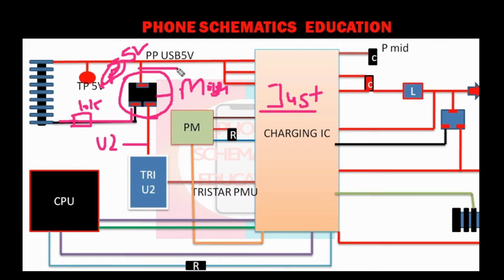Now 5 volt you will see on this point. Now the same 5 volt you will get on this point, any capacitor on this there, right? How do you check? Just go to the motherboard and in schematics find this transistor. I will show you again.